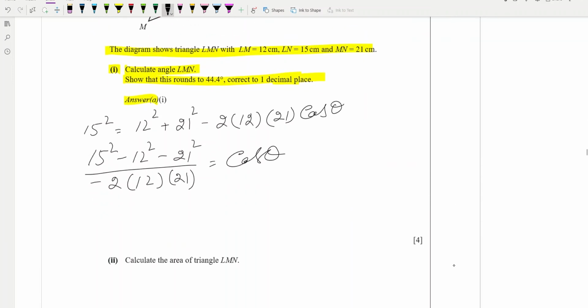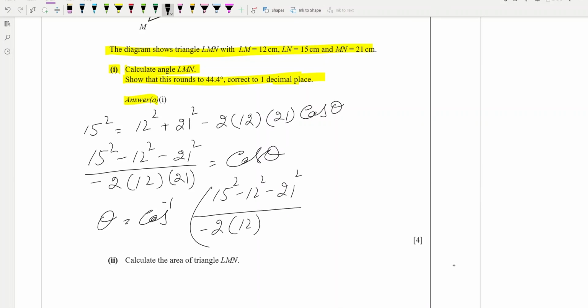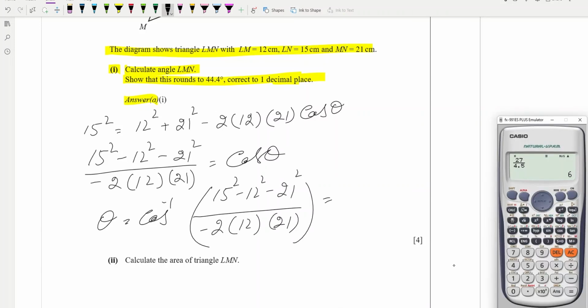Now we can write theta is equal to cos inverse of this whole thing, 15 squared minus 12 squared minus 21 squared, divided by minus 2 into 12 into 21, and this can be simplified by shift cos. Your calculator should be in degree mode. You will have to be careful for that one, otherwise your answer will be incorrect.